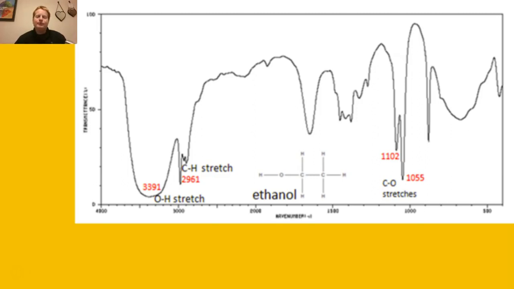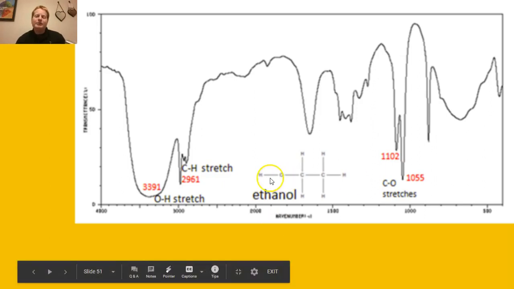So remember, the general idea of how this works is that infrared light of various frequencies is passed through our unknown substance. The substance will absorb the frequencies of infrared light that happen to vibrate at the same frequency as the bonds.